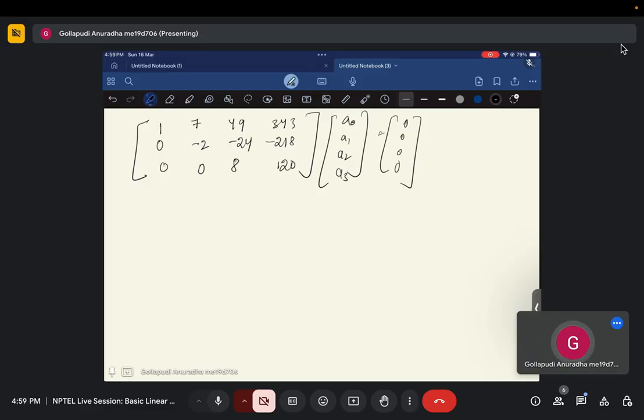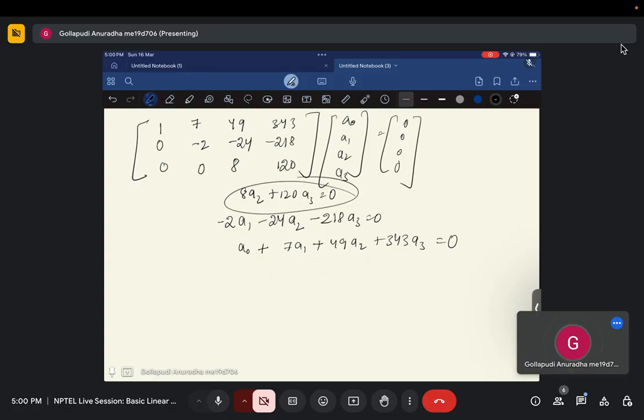But we have 4 variables, so we'll have one arbitrary. Let's do the equations. 8a2 + 120a3 = 0, −2a1 − 24a2 − 218a3 = 0, a0 + 7a1 + 49a2 + 343a3 = 0.